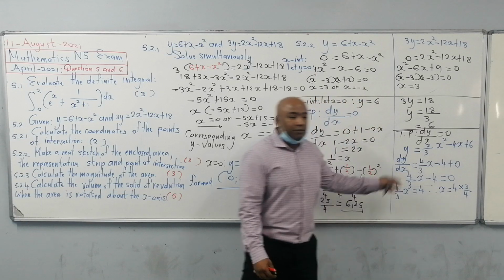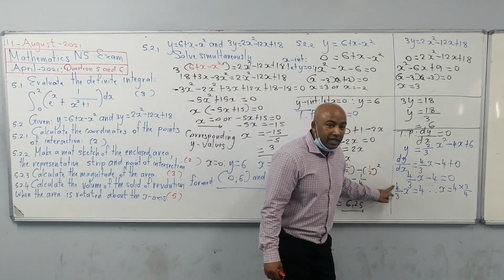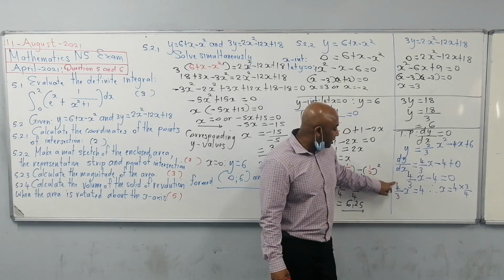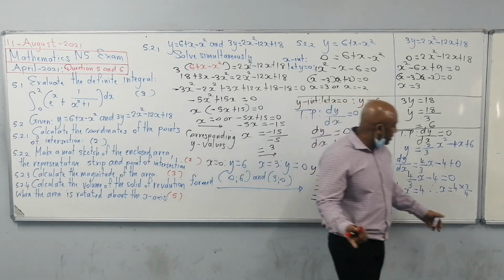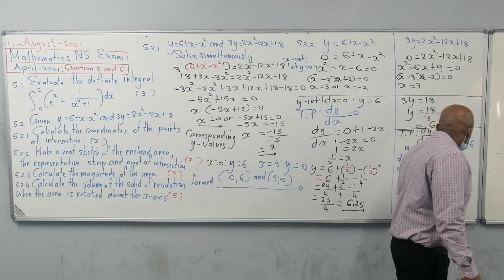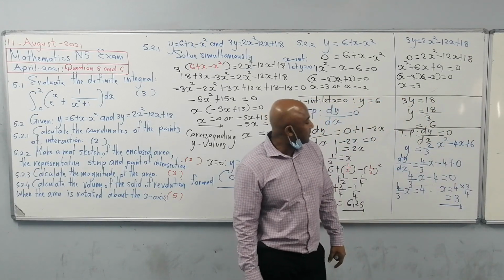I'm going to multiply by 3 over 4 on both sides because I want to cancel 4 over 3. The 3 and 4 and the 4 over 3 and 3 over 4 will cancel. And what do I end up with? Just 3. So x is equal to 3 here.